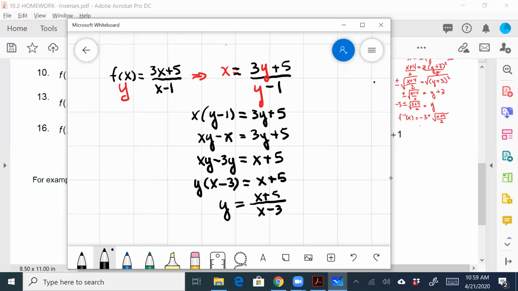And then finally, instead of leaving this as y, we're going to rewrite it as f minus 1, or the inverse of x, f inverse of x, equals x plus 5 over x minus 3.